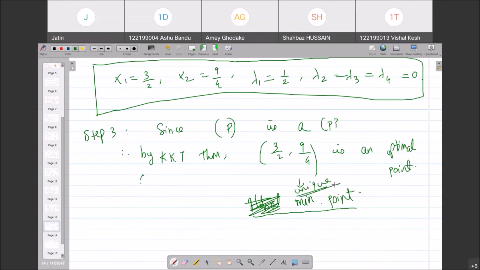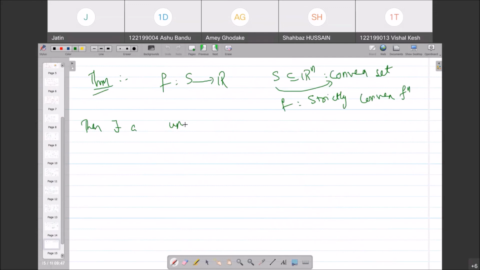That means there is no other minimum point. This is the only one. The theorem is: there exists a unique minimum point of F over S.